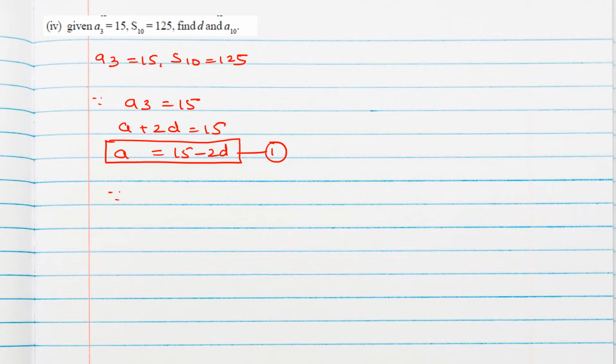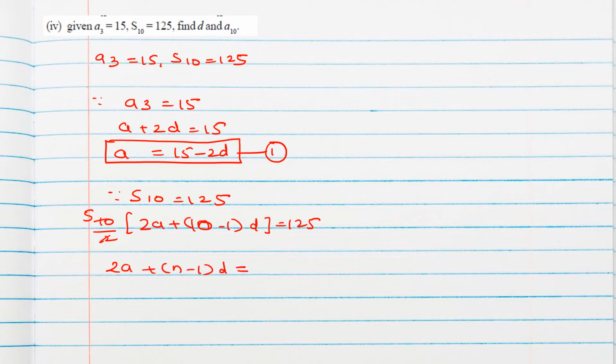Now since S10 is 125, the S10 formula is what? 10 by 2 times (2a plus (10 minus 1)d) equal to 125. So this 2 fives will go, 5 we can transfer to the other side, that is 125 by 5.